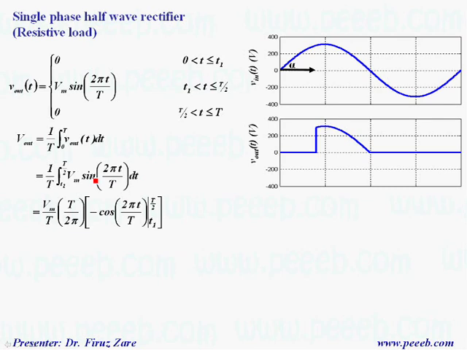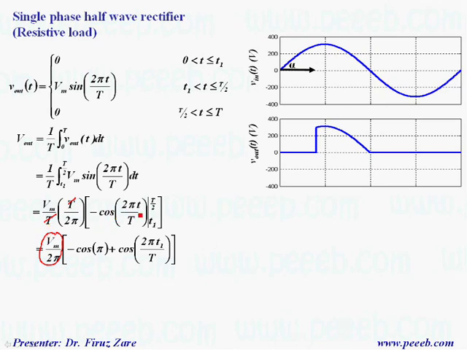The integral of this sine is minus cosine 2 pi t over T. We have the limits of the integral, and then we can simplify this equation. That means we can cancel T, and Vm over 2 pi is the constant term.